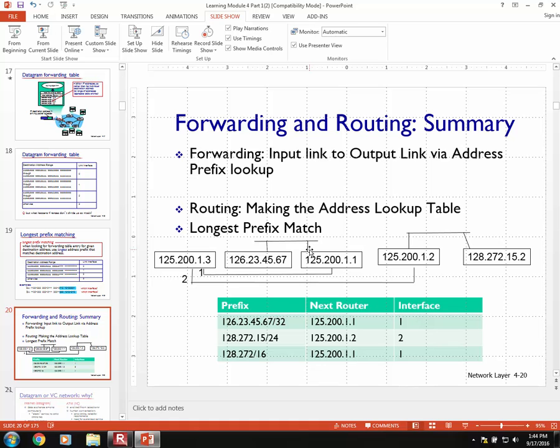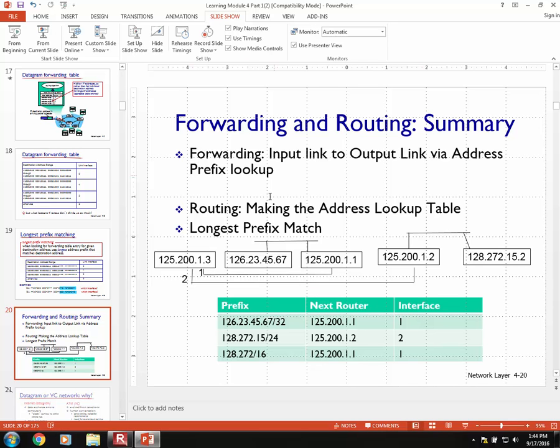And so here's a summary of forwarding and routing that we've just talked about. In forwarding, we look up the address prefix and determine, from a particular input link, what output link the data is supposed to go to.